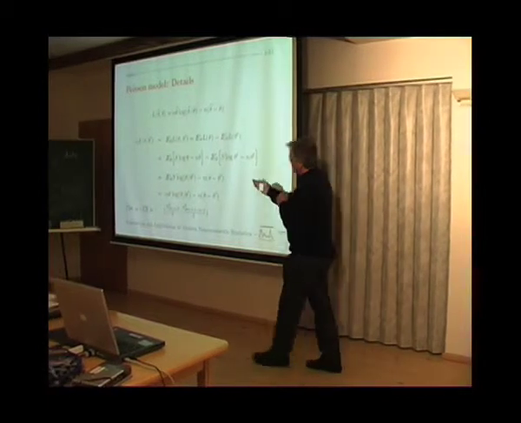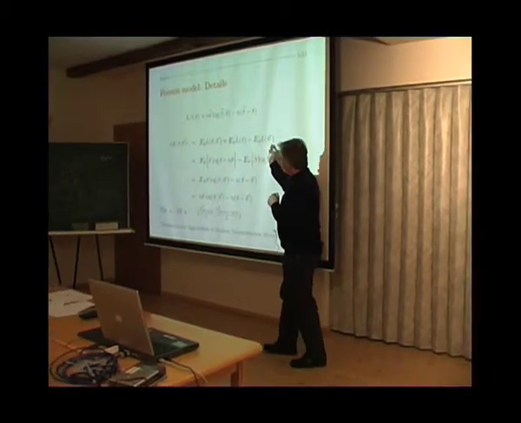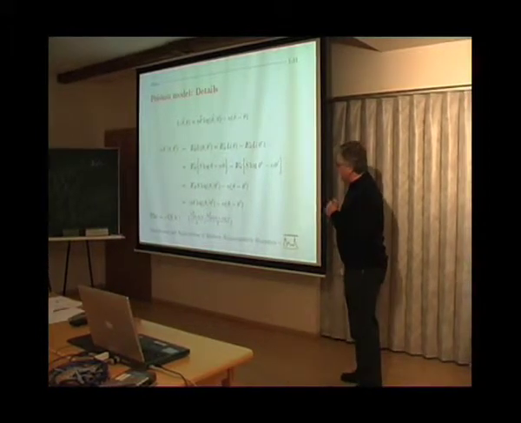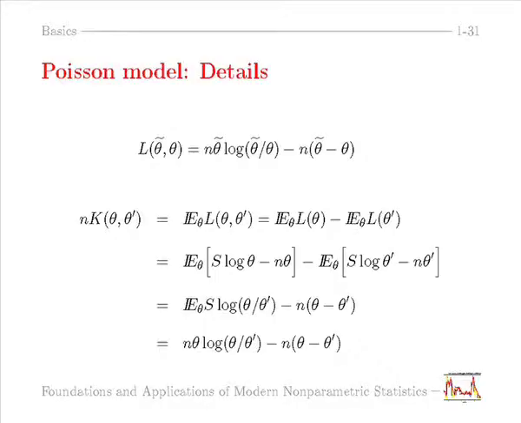And here written in two terms, difference of the log likelihood. And you see that the S comes in again, and the form of the Kullback-Leibler is given down here, with which you can construct an alpha confidence set.